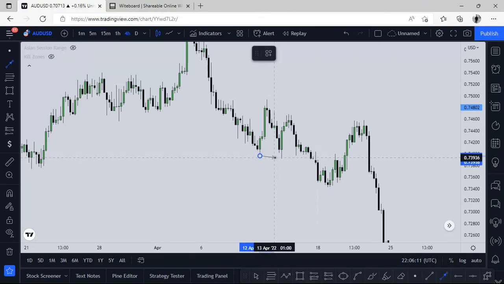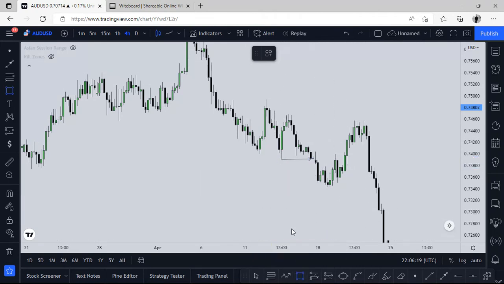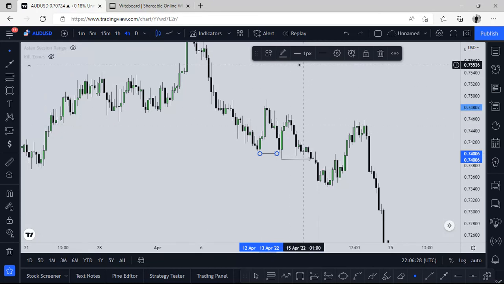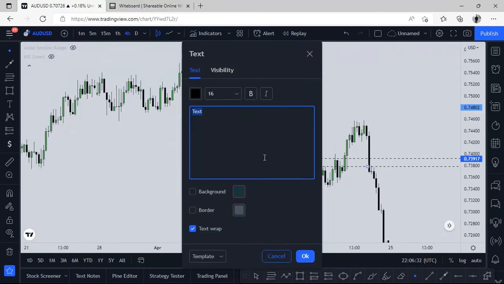So this is another break of market structure, because this was the last move up before price pulled back again. So this is another BOS here. There's another BOS here.